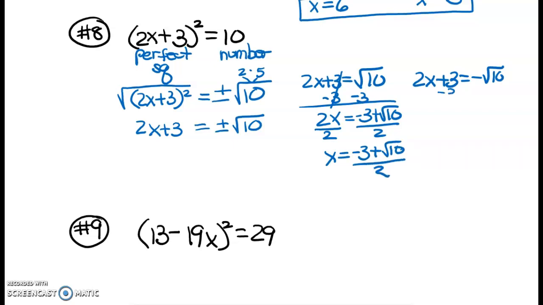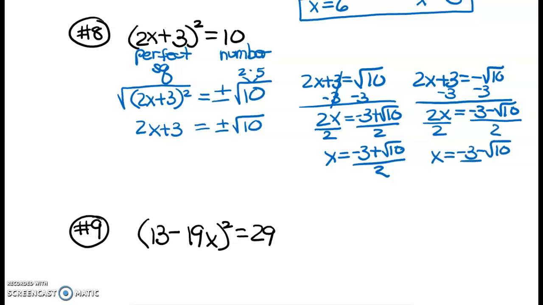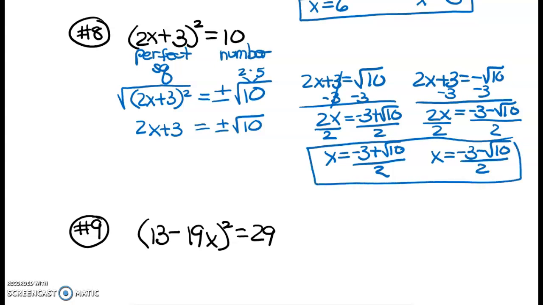And then on this one, I'm going to do the same thing. Subtract 3 from both sides. I get 2x equals negative 3 minus radical 10. And then I'm going to divide both sides by 2, and I get x equals negative 3 minus radical 10 all over 2. So I get two answers here.